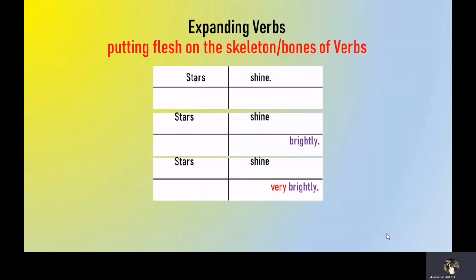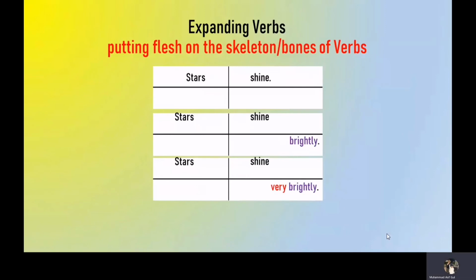So they are adverbs. And we can further see that, most of the time, adverbs come after verbs. Adverbs can come at different places, but mostly they come after verbs. Here you can see that brightly, and in the third sentence, very brightly, are coming after shine.